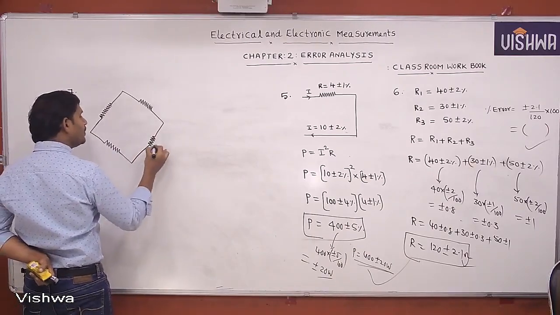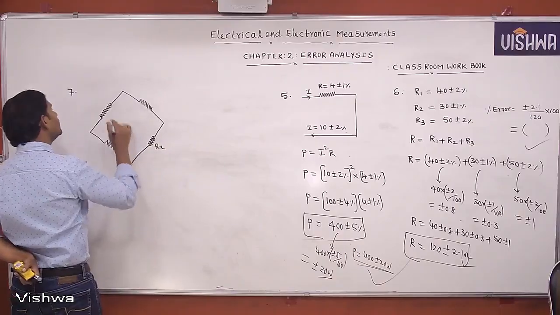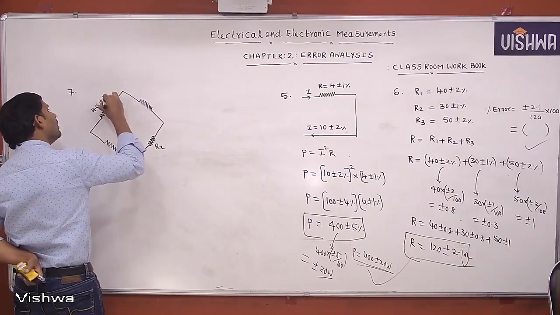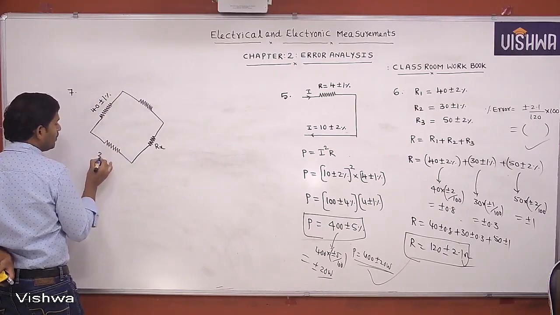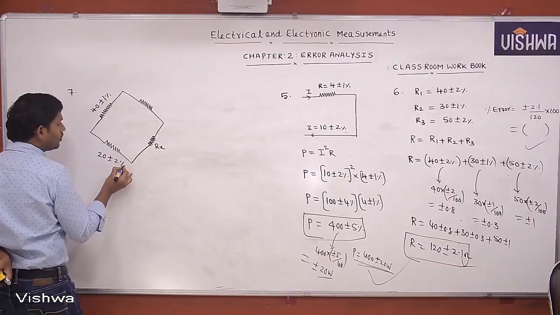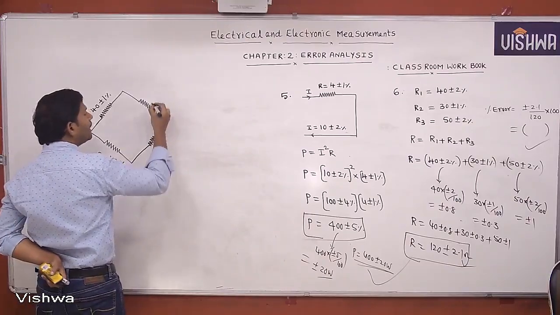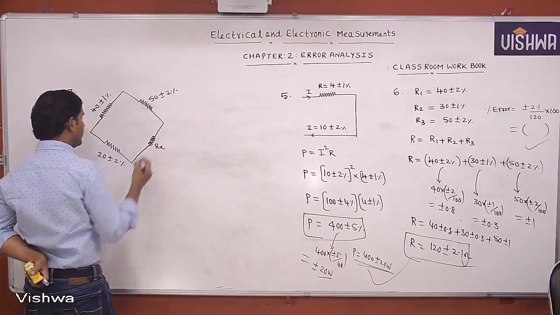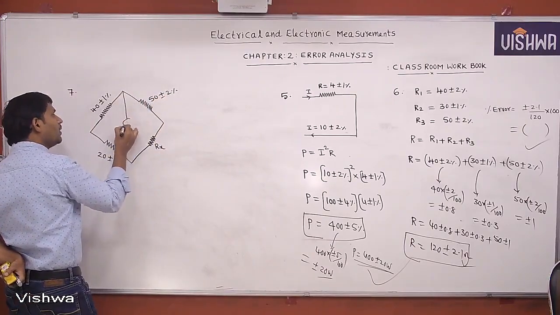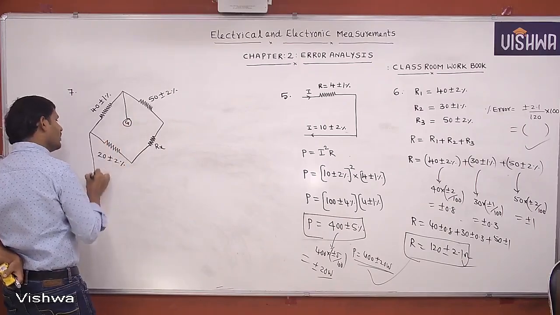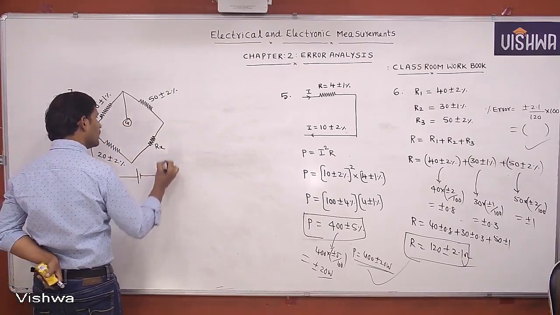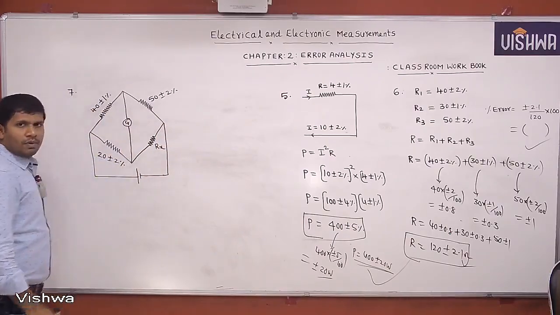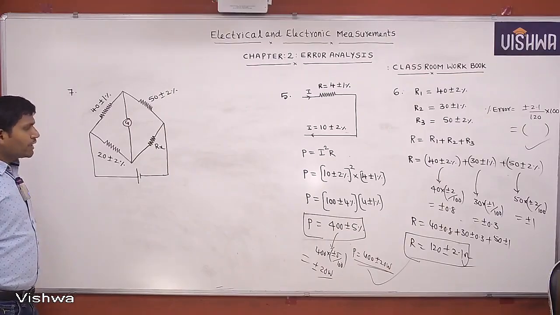This is the bridge circuit given. This is Rx. 40 plus or minus 1% is given, 20 plus or minus 2% is given, and 50 plus or minus 2% is given. This is the galvanometer. Given that the bridge is at balance condition, you want to calculate the unknown resistance.